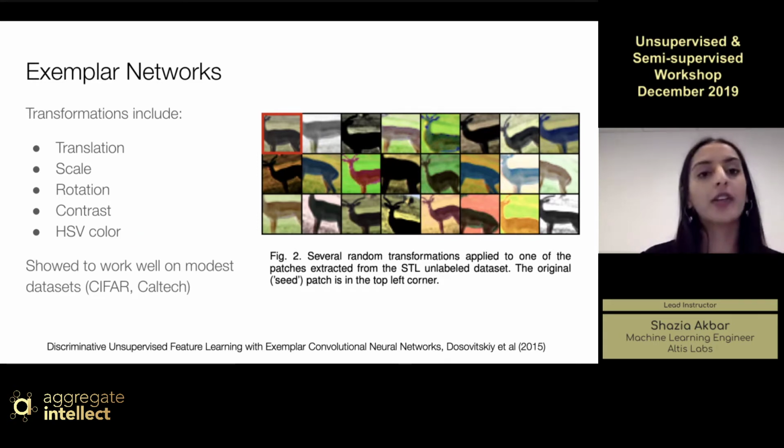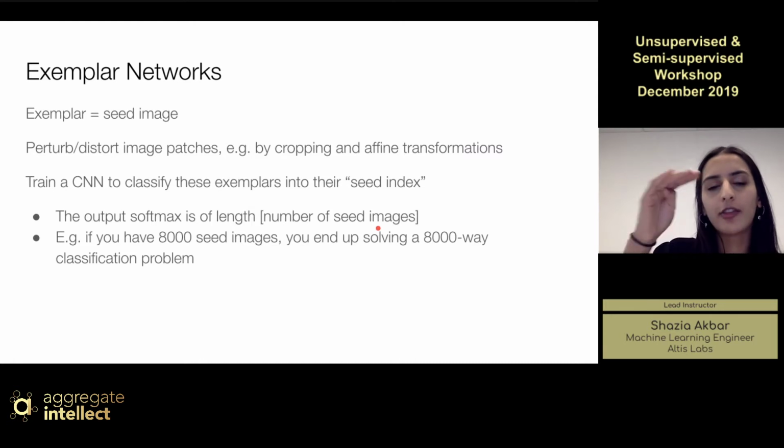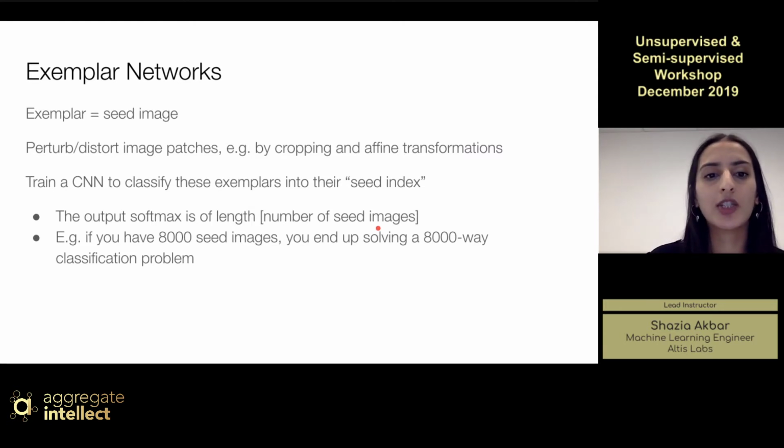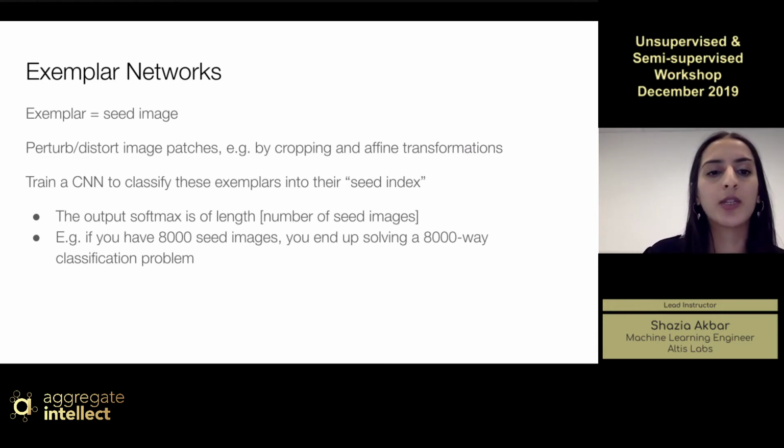And the task of the network is to predict what type of transformation you've performed on the original data. Here, they called them the seed index. So if you performed 8,000 different perturbations, you have to have an 8,000 length output in order to do the classification task. But again, the purpose here is to use the earlier layers once you've trained this network up, and maybe use it for some other task or problem, or even just use it as a clustering technique, as we did last week.